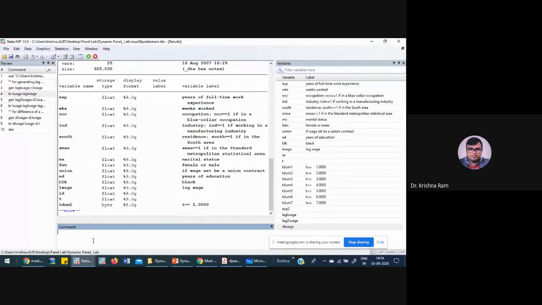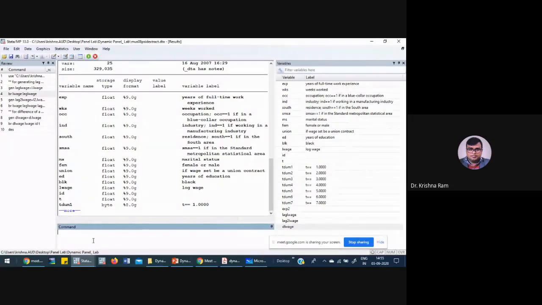If an individual lives in metropolitan cities, it takes the value 1. Then marital status, whether the person is male or female, whether the person is a member of a union, here it says if wages are set by a union contract, then years of education, black, and log of wages.